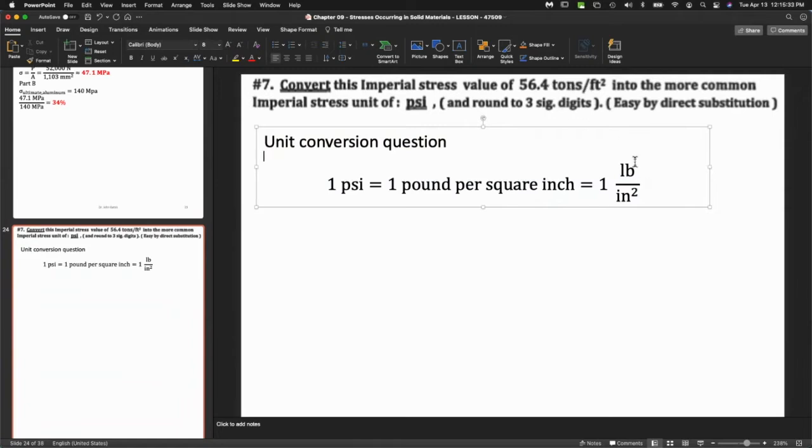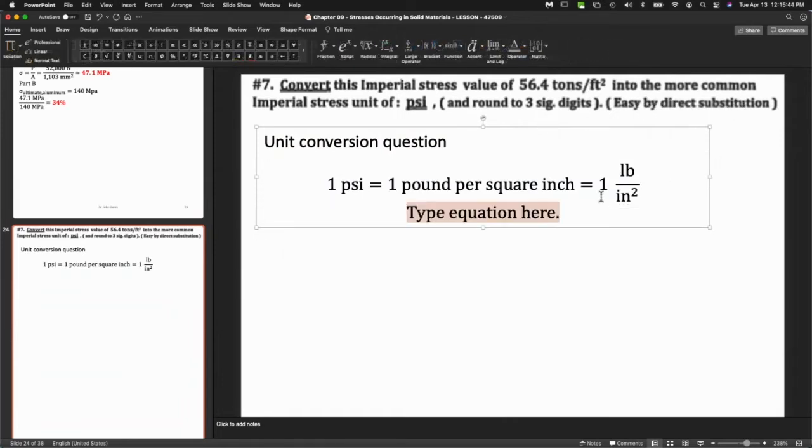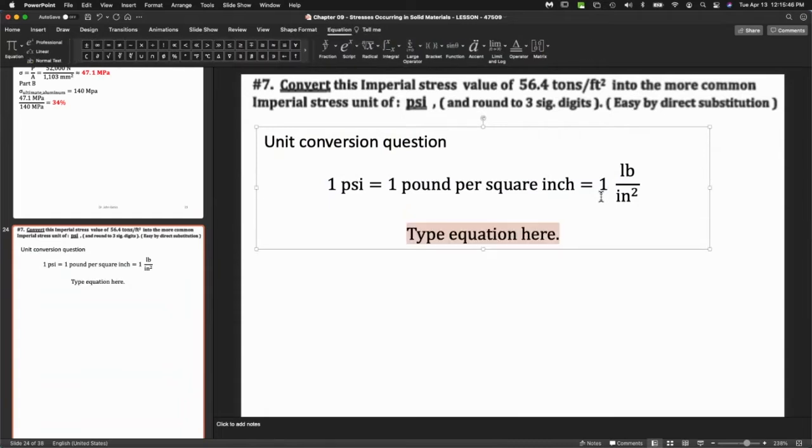So ultimately we need to convert the tons and the feet squared into pounds and inches squared. So the author here says direct substitution. We could try that here. I'm not really a fan of direct substitution all the time, but it does work here, so we're not going to fight it.